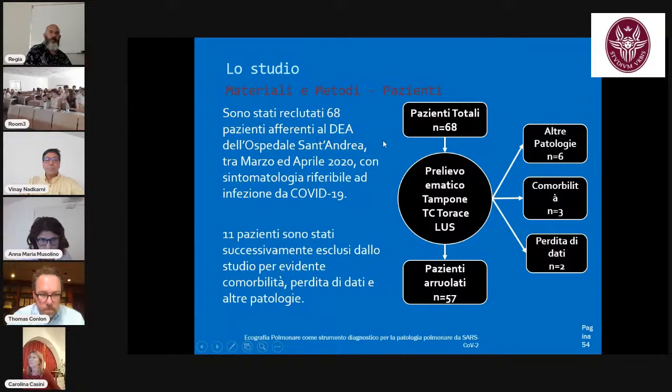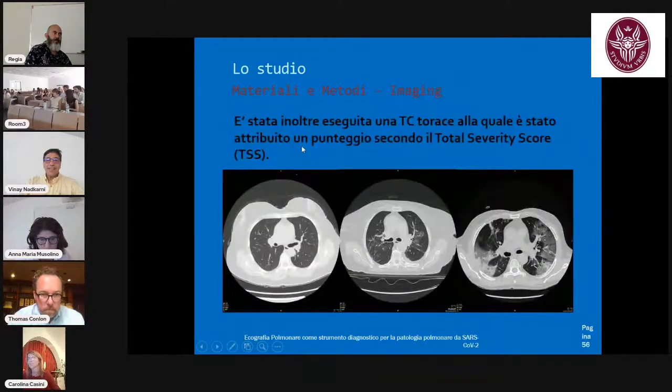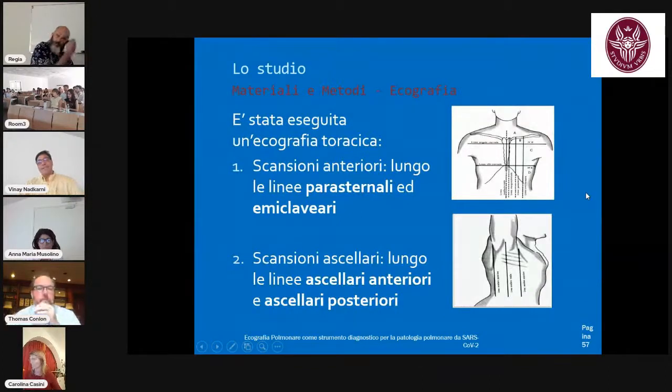I don't want to annoy you, but just to show that we made this work comparing ultrasound with thorax tomography, and we had very nice results because their sensitivity is the same.